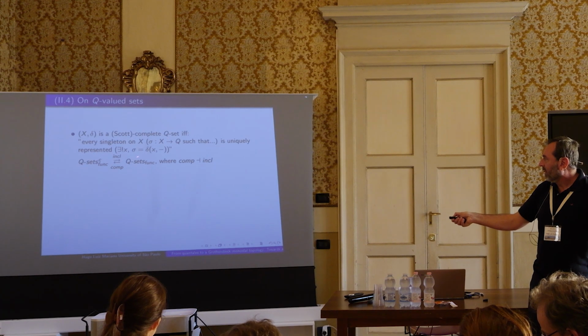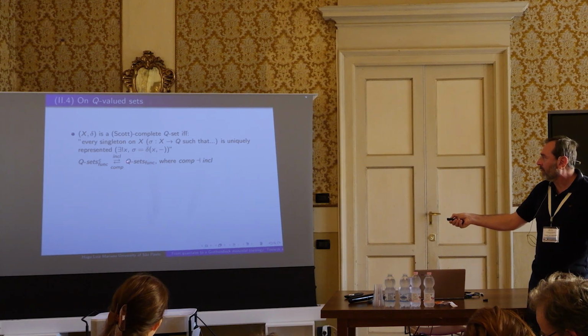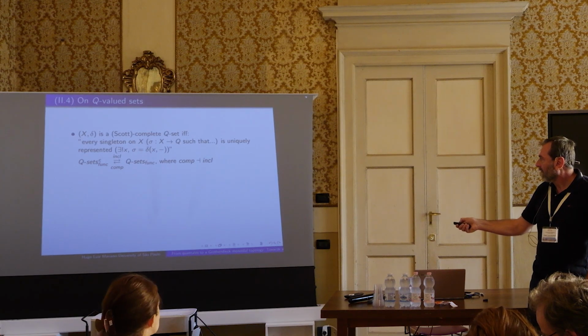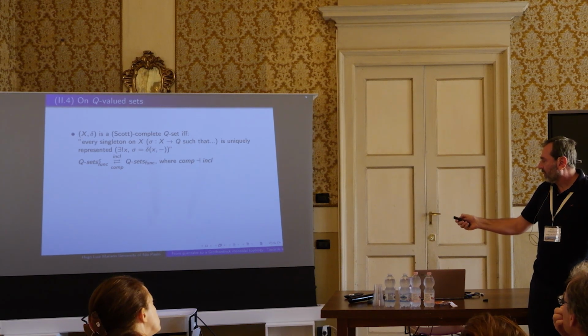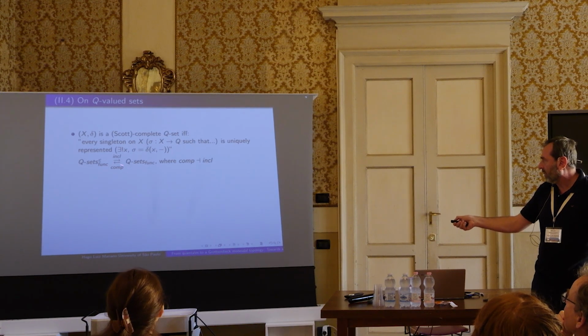So the existence part corresponds to Cauchy completeness, and the uniqueness part corresponds to skeletal. Okay. So it's a reflective subcategory.